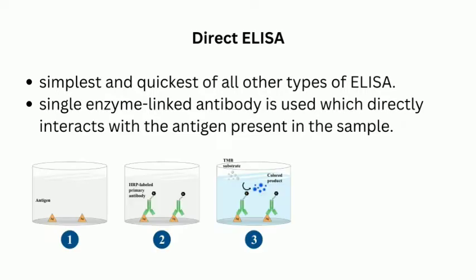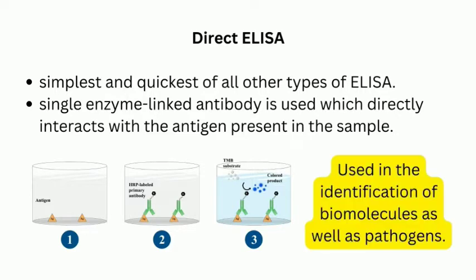The procedure involves adsorption of the sample containing the antigen to the solid surface, then washing to remove the unbound antigens, addition of an enzyme-linked antibody that reacts with the antigens if present, followed by washing to remove the unbound antibodies, now addition of the chromogenic substrate, and visualization of color change and the interpretation of results. Its applications include identification of biomolecules as well as pathogens.